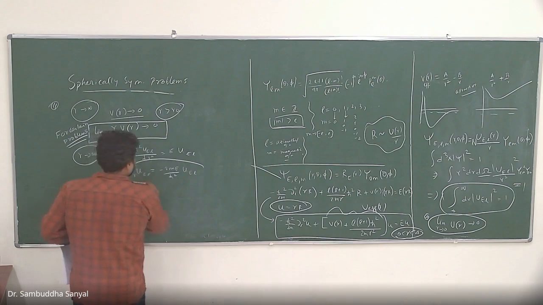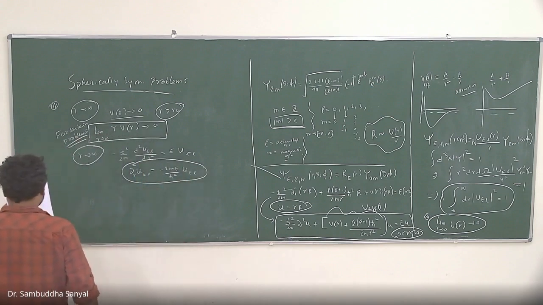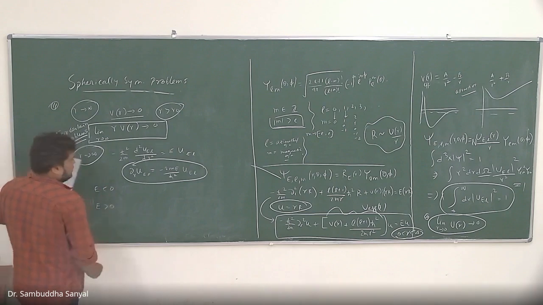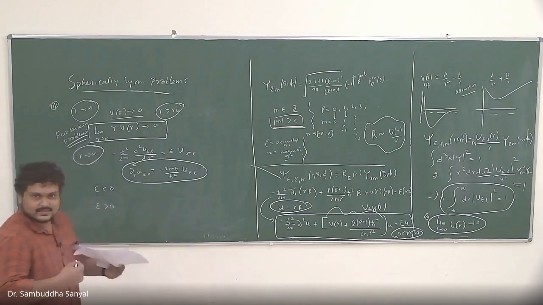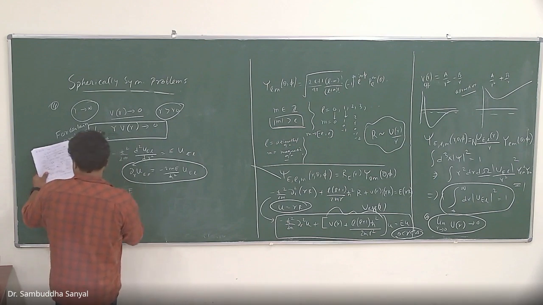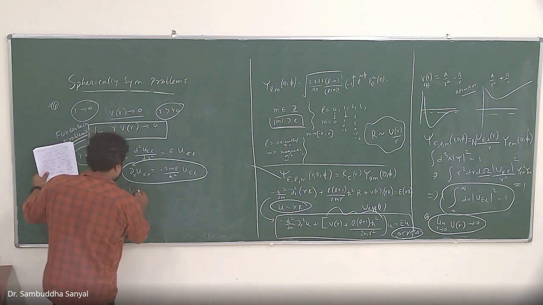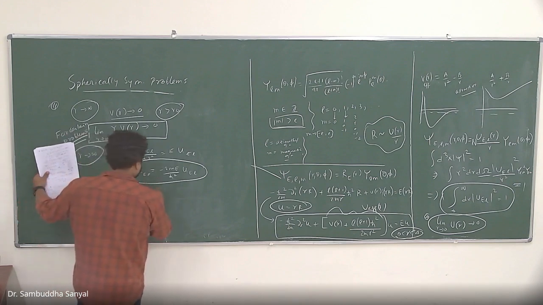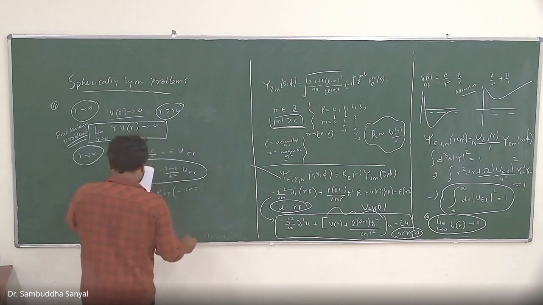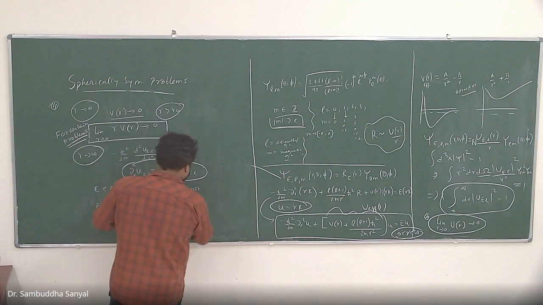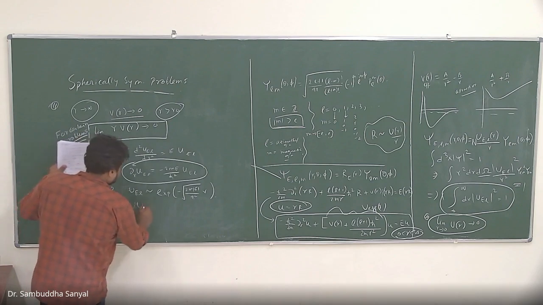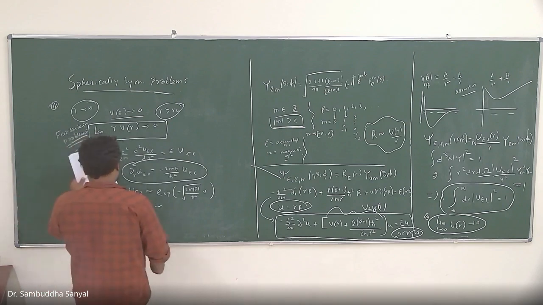This is the equation we must be solving. Again, as usual, you will have two kinds of solution: E less than 0 and E greater than 0. One is exponential, so E less than 0 will be the bound state, and E greater than 0 will be the oscillatory state.